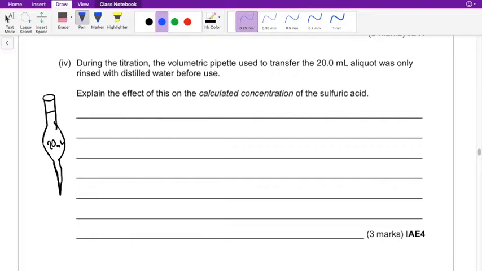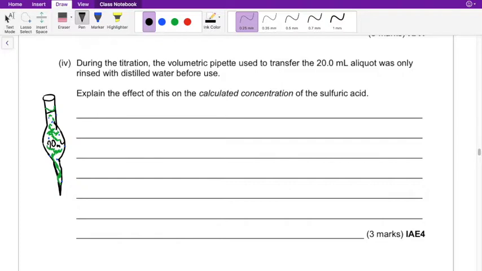We wash it with distilled water, and that leaves some water residue on there. We then fill it up with our H2SO4, which I'm going to scribble in as blue here. And we go nicely up to that mark from reading eye level, all that jazz. But there's still some distilled water present in here.